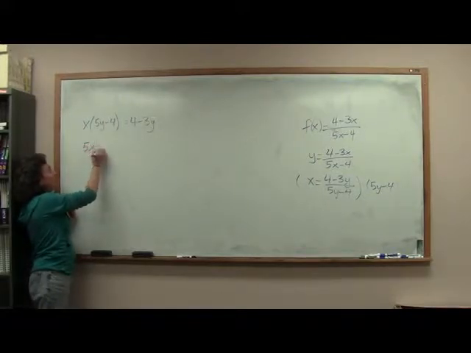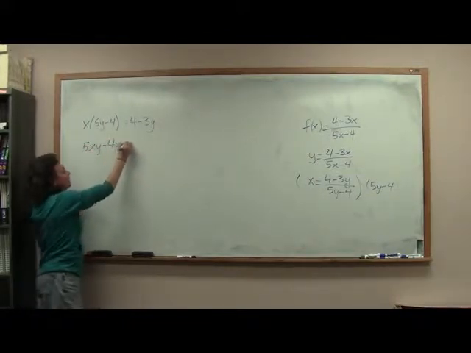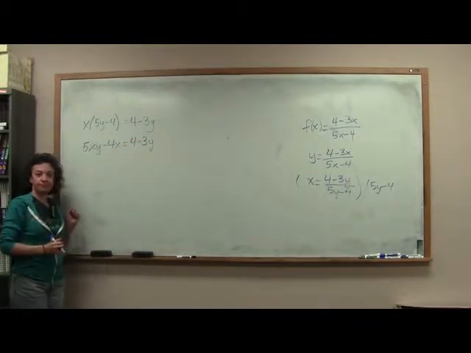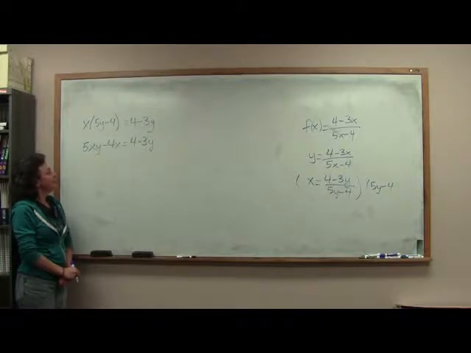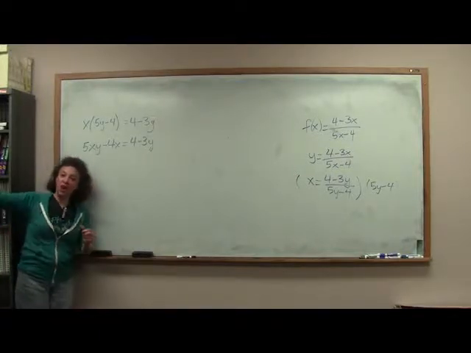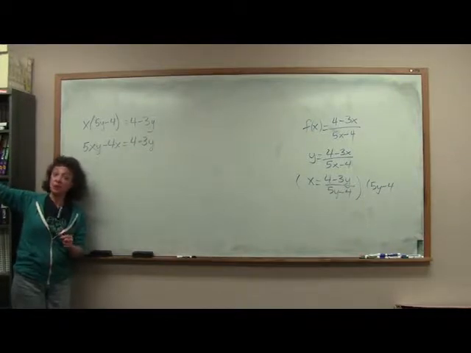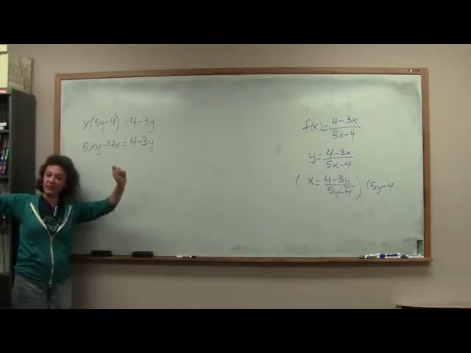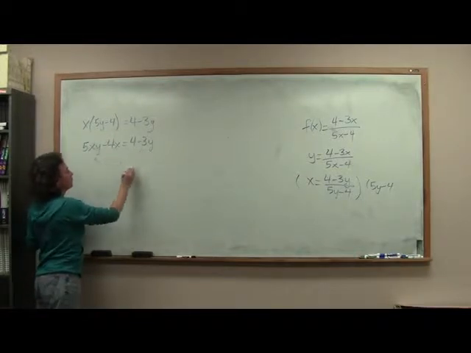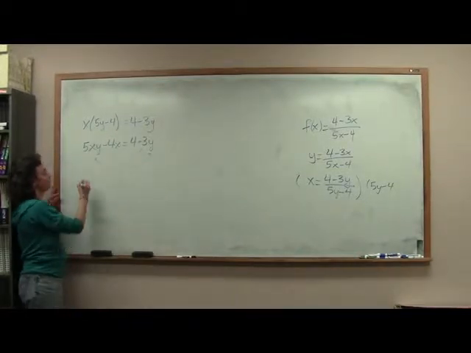We have 5xy minus 4x is 4 minus 3y. Okay, now if we want to get y equals, why don't we move all of our terms with y to one side and everything else to the other side? In other words, I'll move it over here and I'll move this 4x over there.